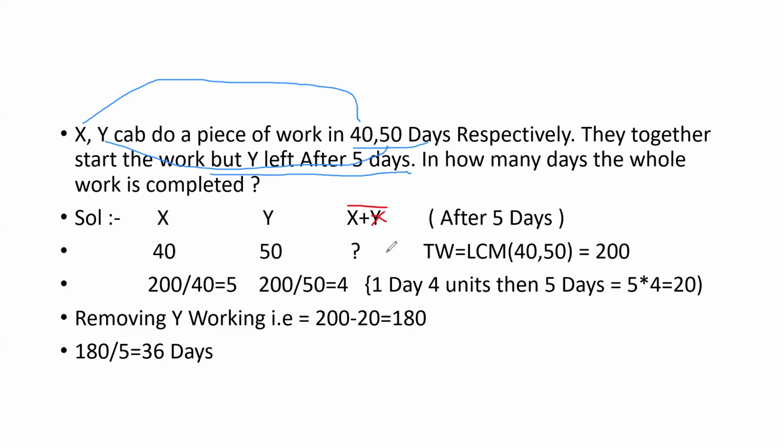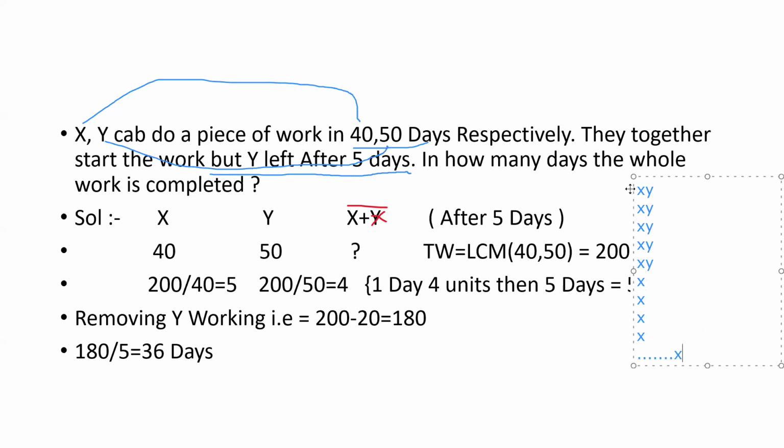Then what we observe here: X and Y start the work together, working on the first day, second day, third day, fourth day. After that, Y doesn't come to work, and finally X completes the work after several days.